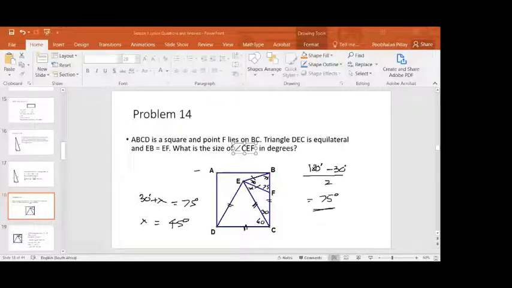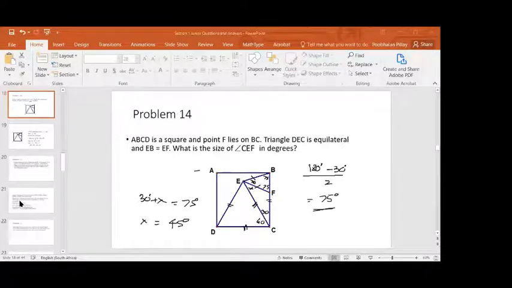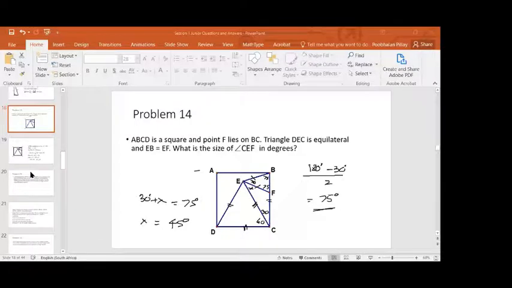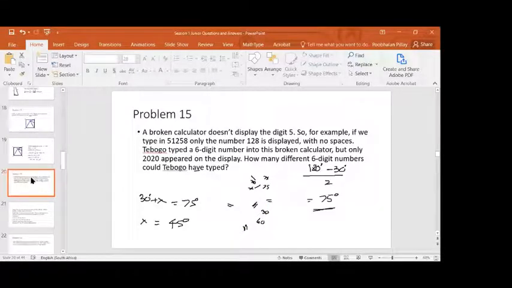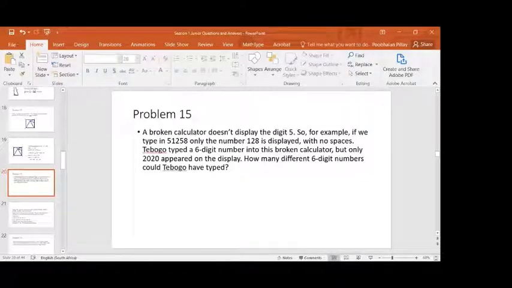The next problem is problem number 15. Okay, now what is 15? 15 says, a broken calculator doesn't display the digit 5.